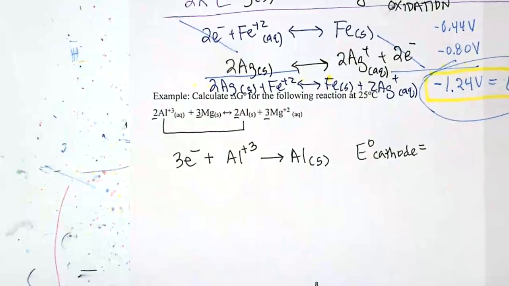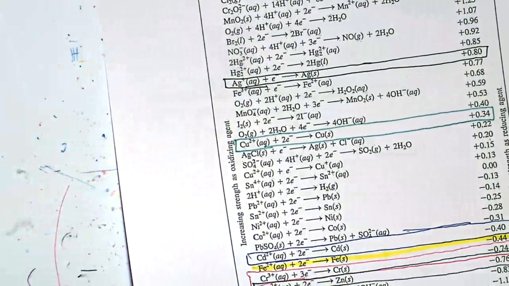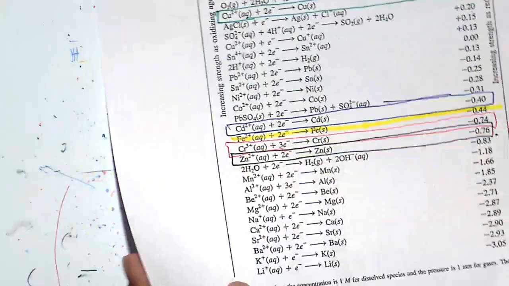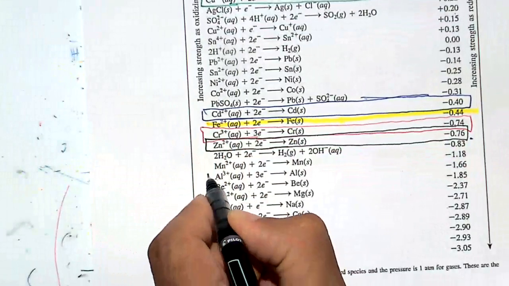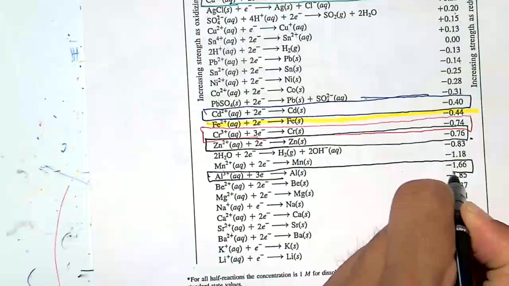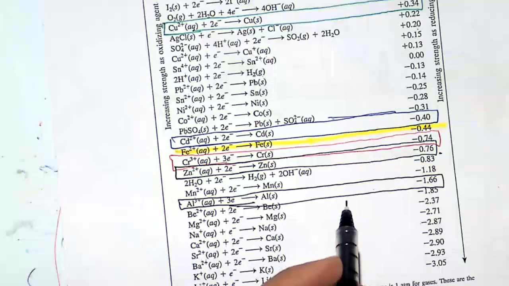Let's look at our sheet and see where Al plus 3 and Al solid are. Bring this to the exam. Here we go. Minus 1.66 volts.